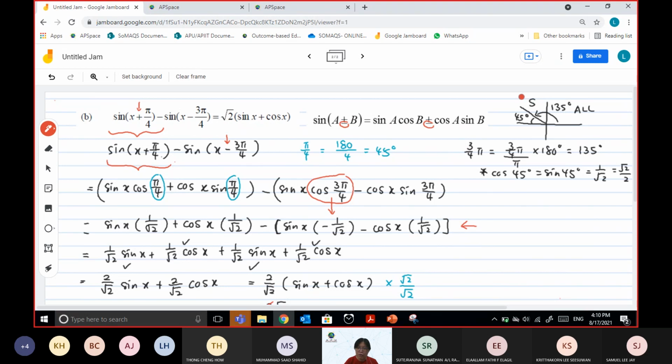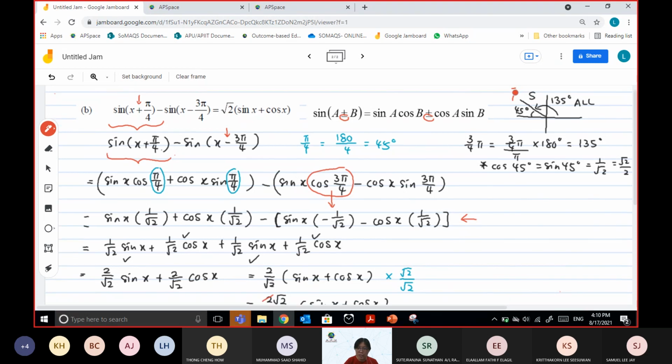That means 135 is in the second quadrant. So remember, all science teachers are crazy. In the second quadrant, only sine is positive. So when it comes to cos, cos is negative. That's why there's a negative sign.